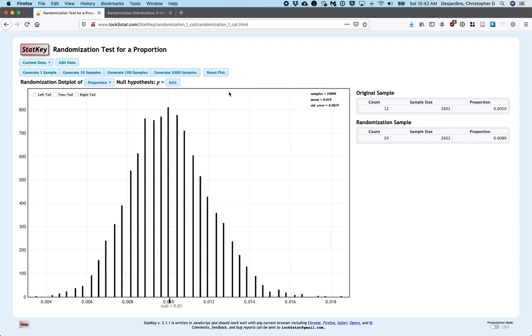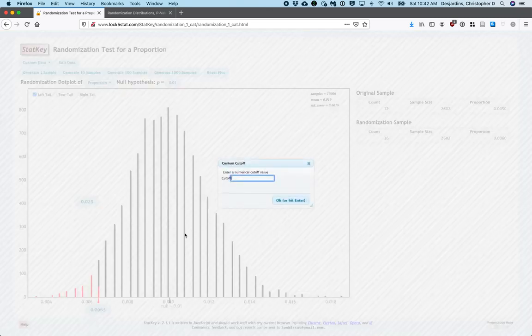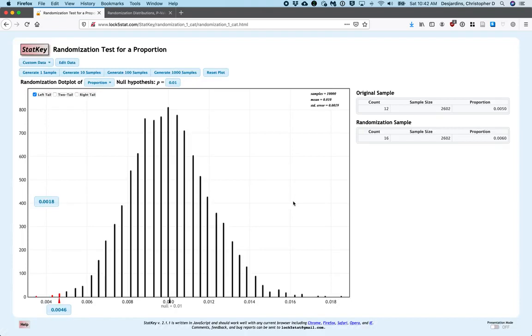So we click the left tail box, and we change the bottom number to 0.0046. We hit OK. And we arrive at a p-value of 0.0018.